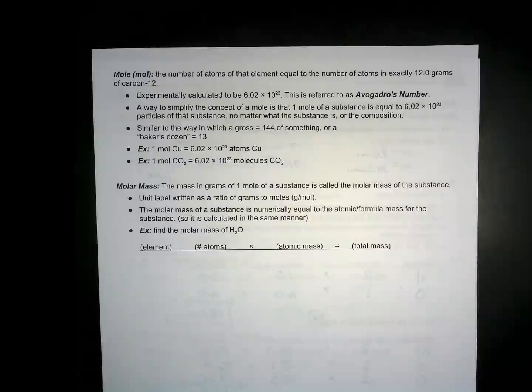So the mole is the number of atoms of that element equal to the number of atoms in exactly 12 grams of carbon-12. So again, we're using carbon-12 here as the basis of our measurements. And we experimentally calculate it to what's referred to as Avogadro's number, which is this right here, 6.02 times 10 to the 23rd.